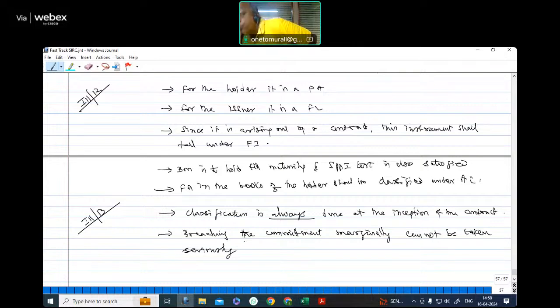So what do you mean by marginal commitment? Though it was not the intention of the question, marginally it cannot be taken seriously. That means ignore, a small amount of breach you ignore. Why? Imagine the instrument that you are holding, or the issuer, is suffering some amount of financial crisis.